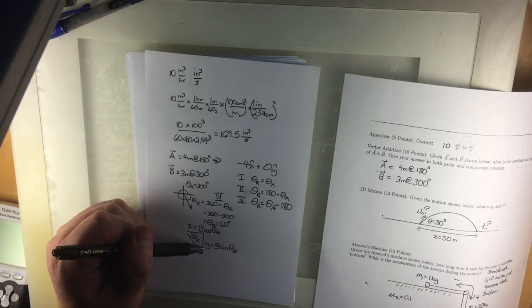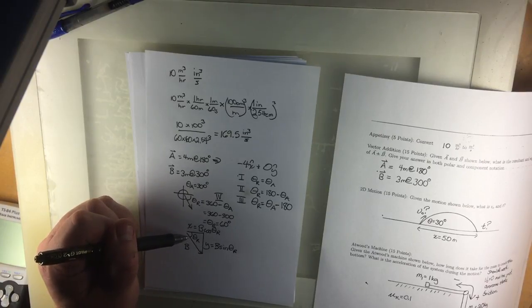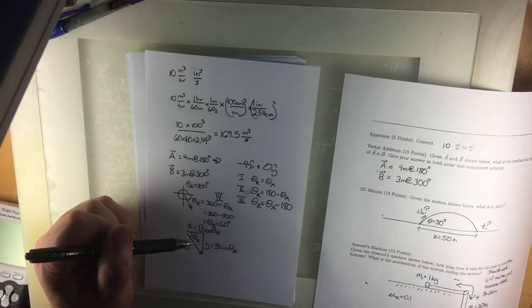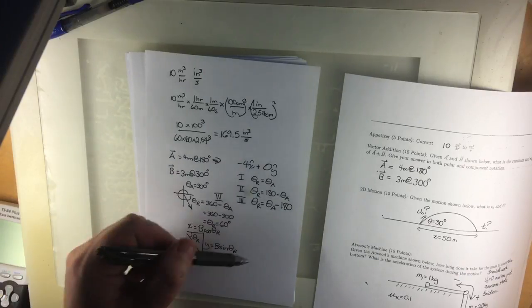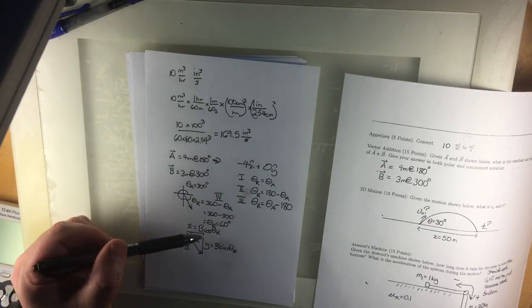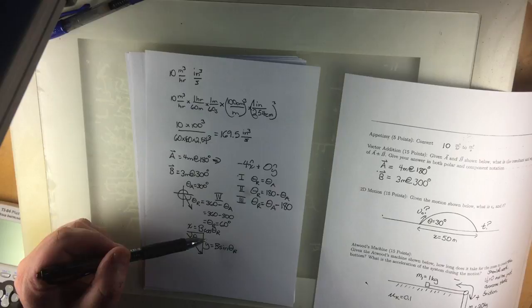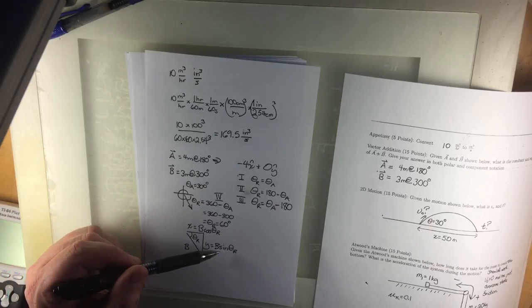Because the y is now the opposite side, and the x is now the adjacent side. In the way that I have set things up, you could say that I am intellectually abusing you, because in the reference system, the x is always associated with cosine and the y is always associated with sine.